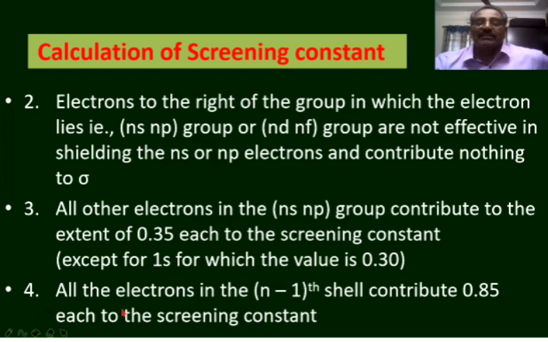Next rule is all the electrons in the n-1th shell contribute 0.85 each to the screening constant. This is for ns and np electrons only. The electrons in the n-1th shell, that is the penultimate shell, contribute 0.85 to the screening constant.